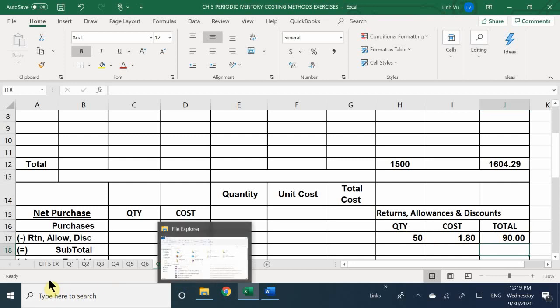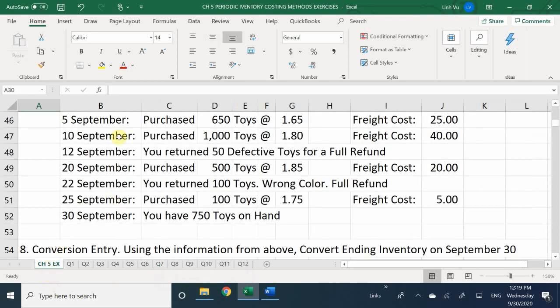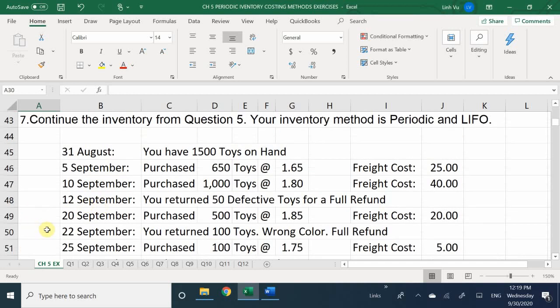Okay. And then what has happened next? On September 20th, we recognize that we purchased a total of 500 toys at $1.85 with the freight of 20.